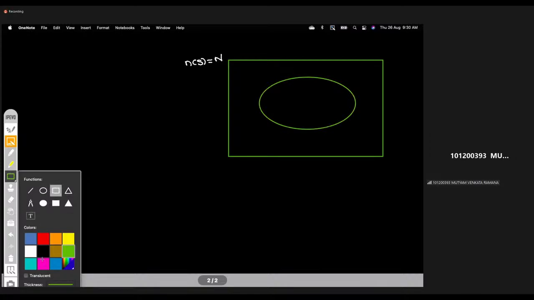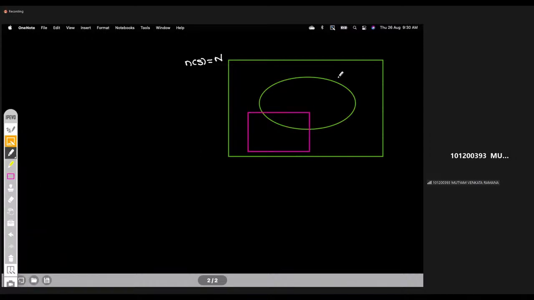This event B already occurred. And what is the chance of occurrence? So in this B, the chance of occurrence of A is only this one. So what is this portion? This portion is simply A intersection B.